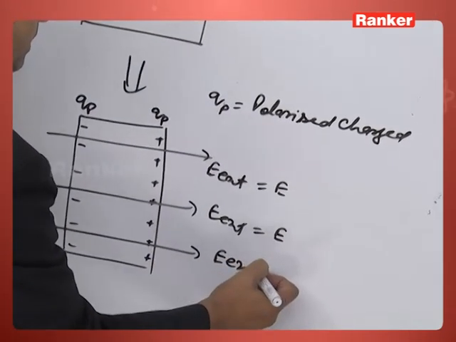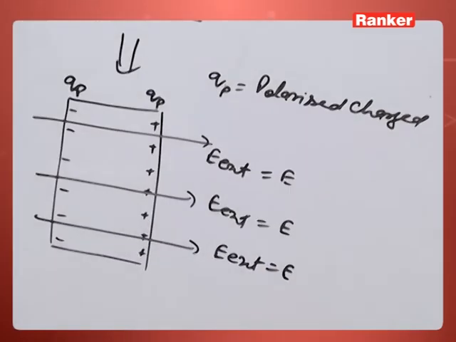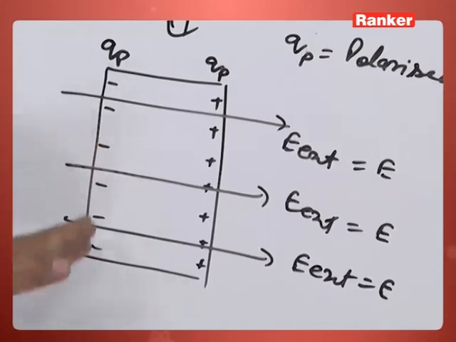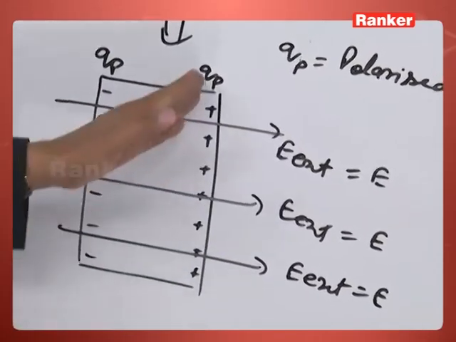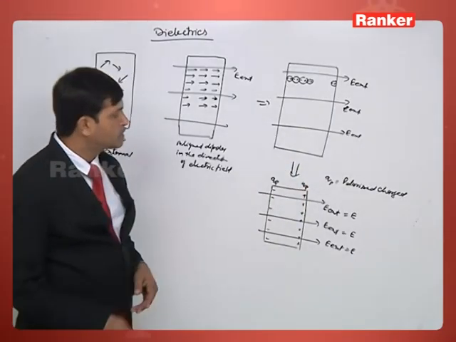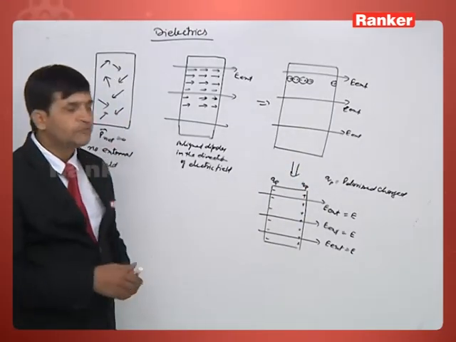When charge is polarized here, at one side of the surface there is a negative charge layer, and on the other side a layer of positive charge. That negative and positive charge layer produces its own field also.